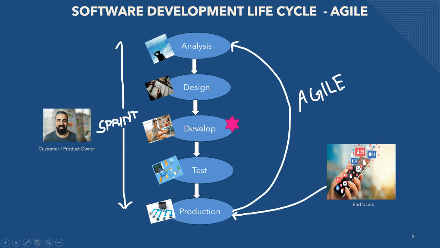Here, the developer is the one who gets the requirements from the analysis phase and the solution architecture from the design phase, and works with other developers. Obviously, in a project team, the developer is not alone. He will have peers who help him develop other requirements.